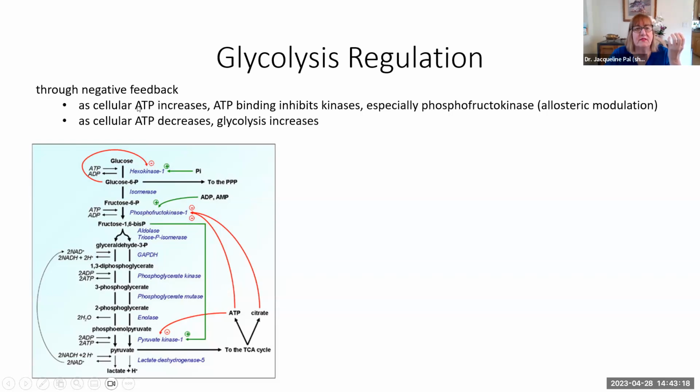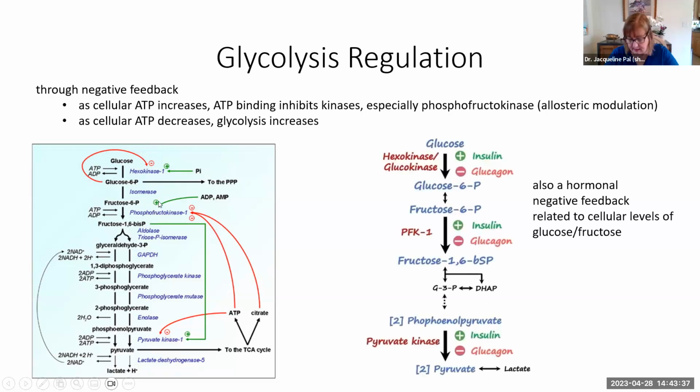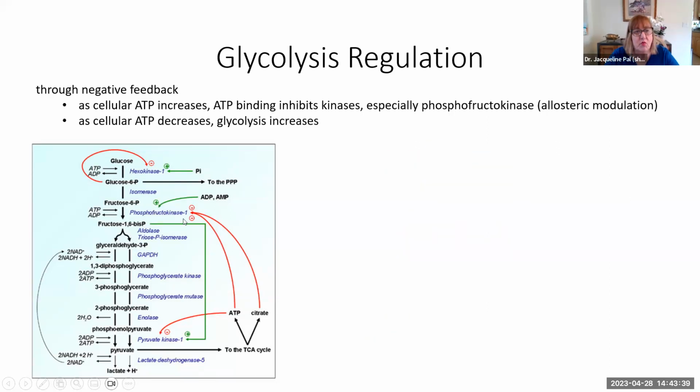If we have a lot of cellular ATP, that ATP binding will inhibit kinase activity. So this phosphofructokinase is a kinase. Okay, so we are going to be inhibited.